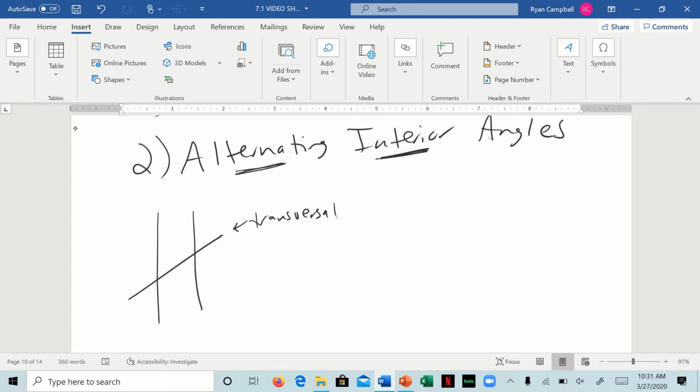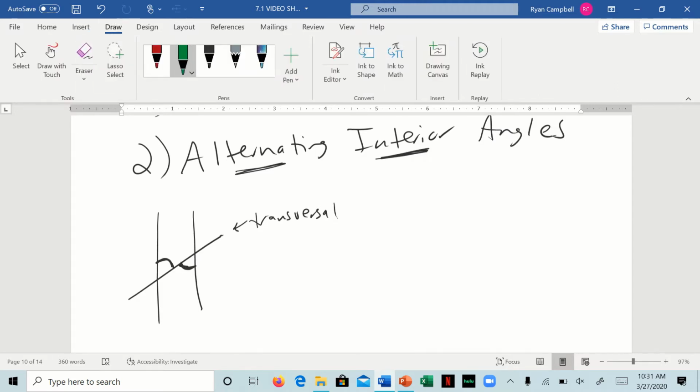Interior means they're inside these lines. So these would be examples of alternating interior angles. Also, these would be an example of alternating interior angles. And what we know about both of those angles is that they are the same, that they have the same measurements.